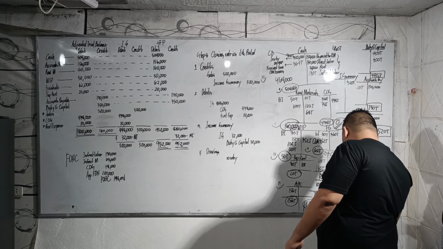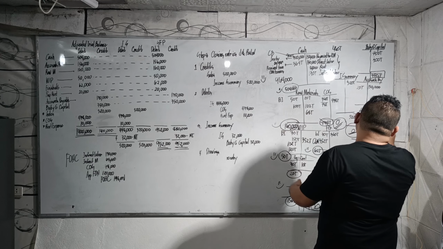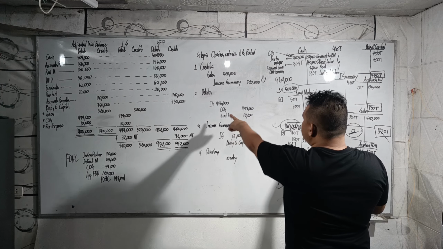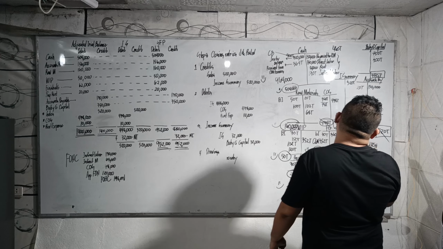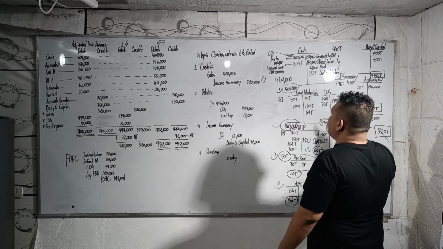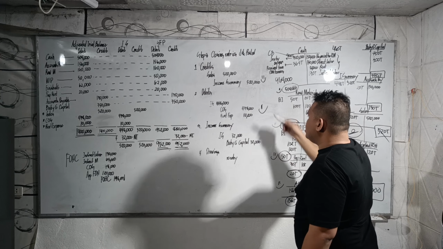This will become 0. This is out, 0. This is out, 0. So we have the income summary, of course, of 448. Where is the income summary? 448. Okay? Now, this has been posted already.